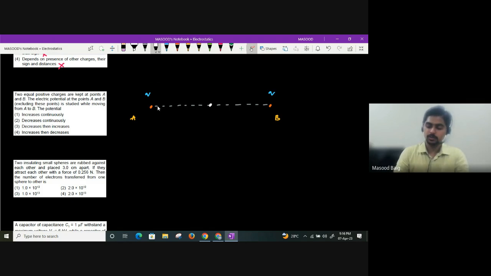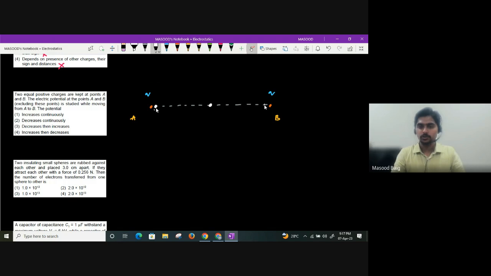Now, please try to understand, just close to A. I'll take one point close to A. Close to A, what will be the distance between the given point and A? Almost zero. So here you are going to have a large value of potential, guys. As you move, you get a finite value of potential.